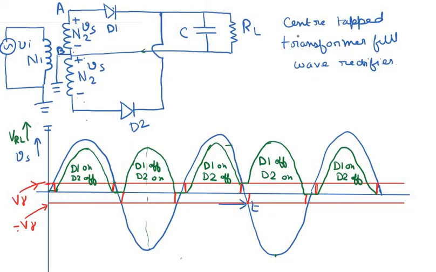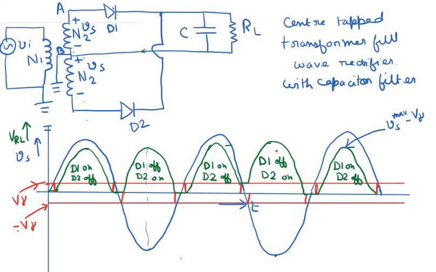So this is known as a center tapped transformer full wave rectifier with capacitor filter. Let us draw the output waveform. The maximum voltage across the load resistor RL without the capacitor filter would be Vs max minus V gamma.